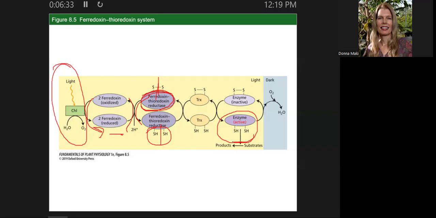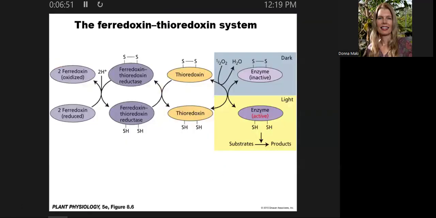So at least 4 enzymes in the Calvin cycle work this way, where they will be quiet in the dark, but they'll kick into full gear through this little pathway, this redox system. This is another look at it where they're trying to show the dark inactive, the light, then it's active.